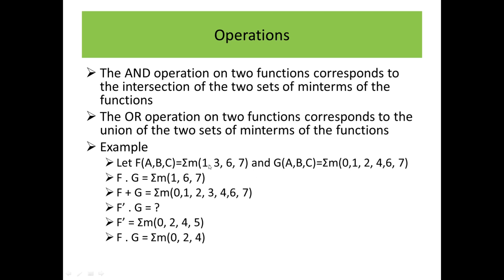So see here, 0 is not there in both, so we should not write it. 1 is there in both, in the f expression also it is there, g also it is there, so write 1. 2 is not there in both, so don't write. 3 is not there in both, so don't write. 4 is not there in both, don't write. 5 is not there in both. 6, both the f expression and g expression have 6, so write 6. 7, yes, f and g both have 7, so write 7.